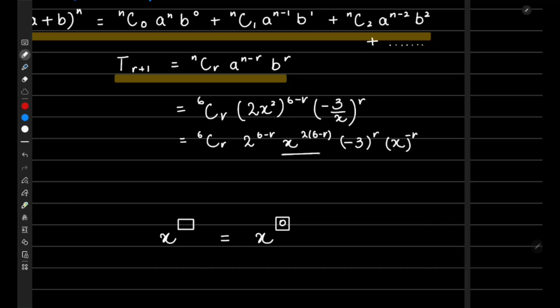Then I will solve these two x terms. 6Cr 2^(6-r) (-3)^r x^(12 - 2r - r), so that gives you x^(12 - 3r).